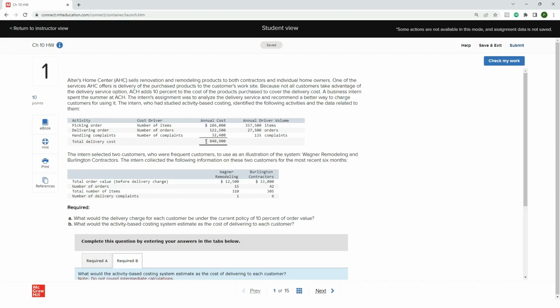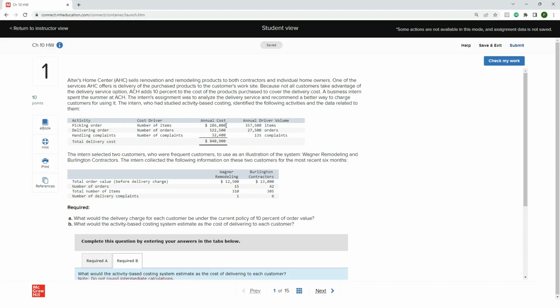Looks like total delivery cost was $840,900. Now, it says that one of their employees, an intern, broke down that cost, $840,900, into 3 different activities: picking the orders, delivering the orders, and handling complaints.